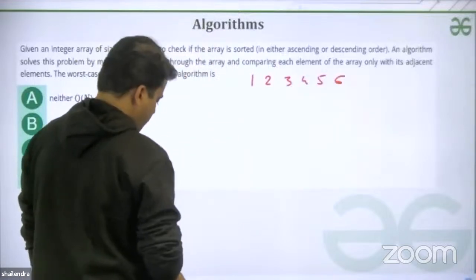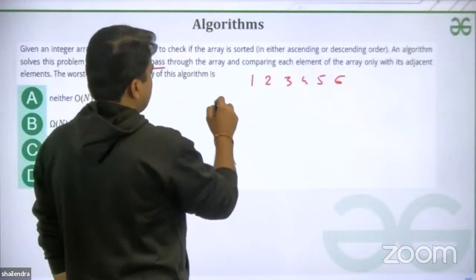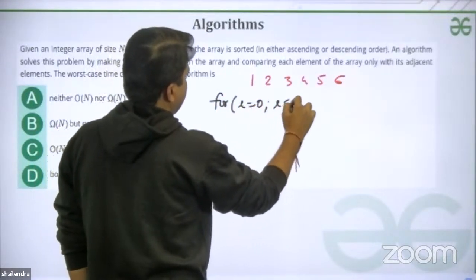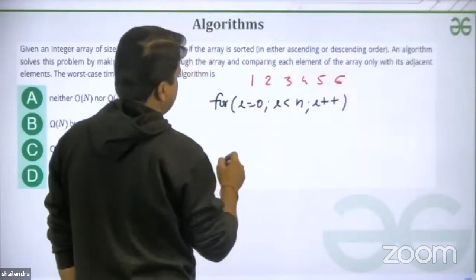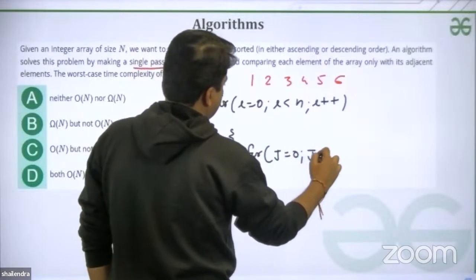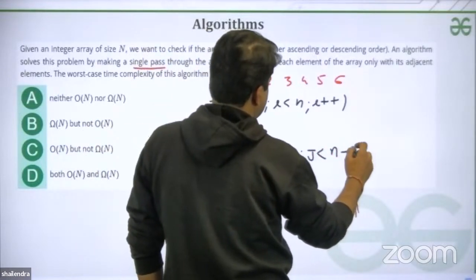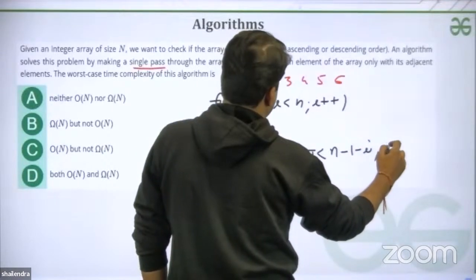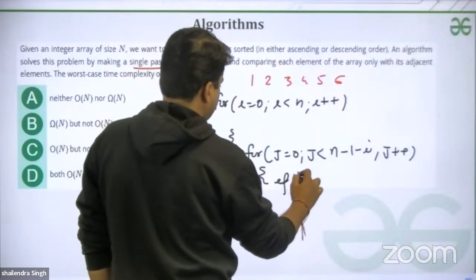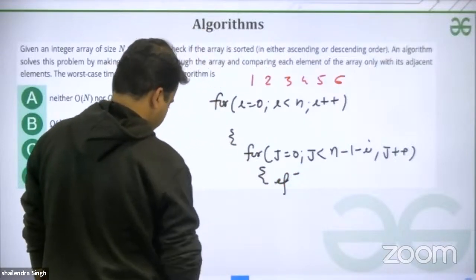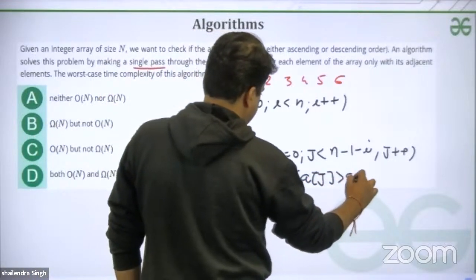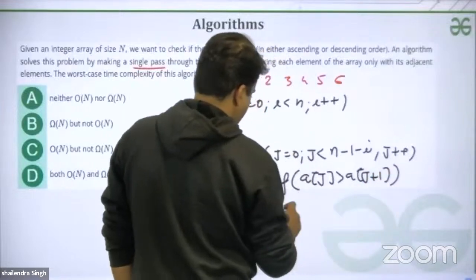So the code of bubble sort: for i equals to 0, i less than n, i plus plus, for j equals to 0, j less than n minus 1 minus i, j plus plus, if aj is greater than aj plus 1, then what will happen?